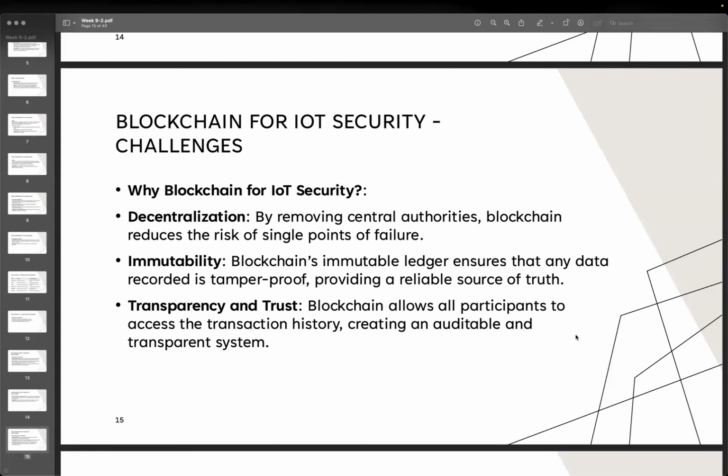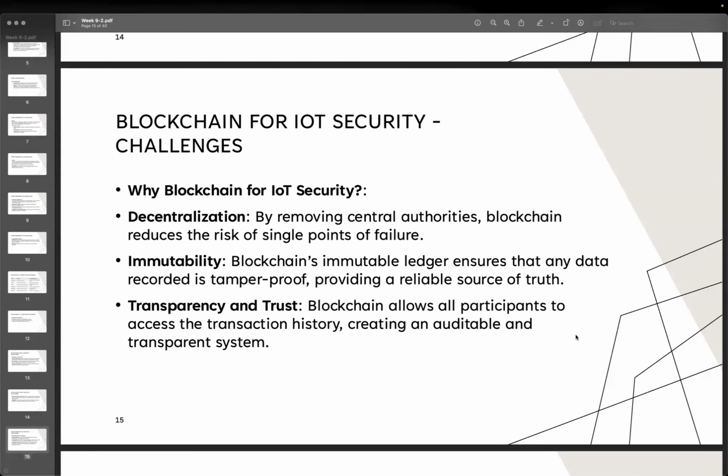And then device authentication. Blockchain can secure and also store the credentials of the IoT devices. The devices are registered on the blockchain, using cryptographic certificates, so we can ensure that only authorized devices can join the network.